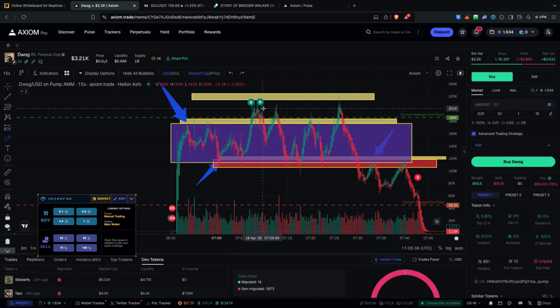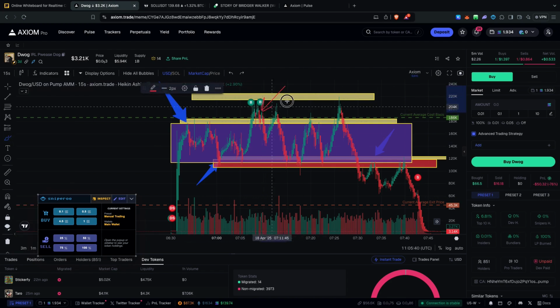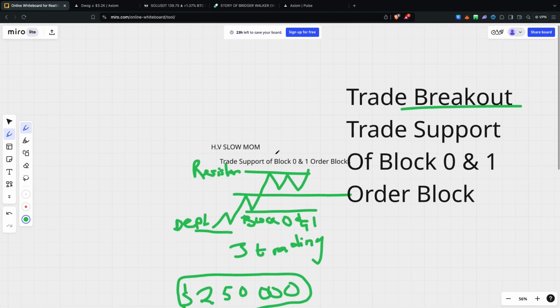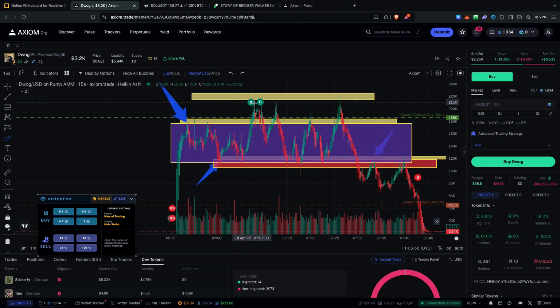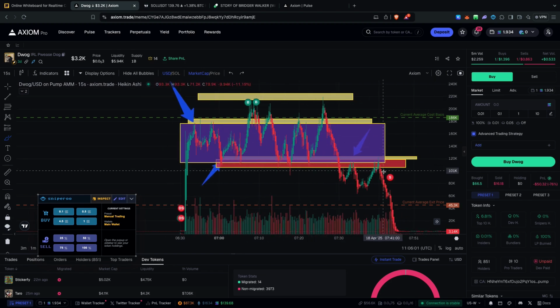And guess what happened? Trading the breakout was a bad idea because right over here, it didn't work. Trading the breakout only works with high volume, fast momentum type of trades. It doesn't work with the high volume, slow momentum type of setup. So you're going to lose money when you trade the breakout. Right over here, I was specifically targeting the breakout, and it didn't work out and I got stopped out.